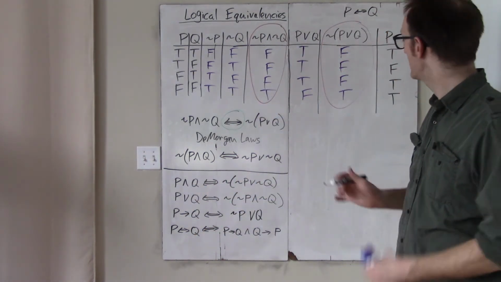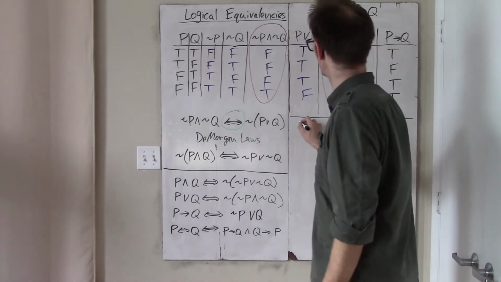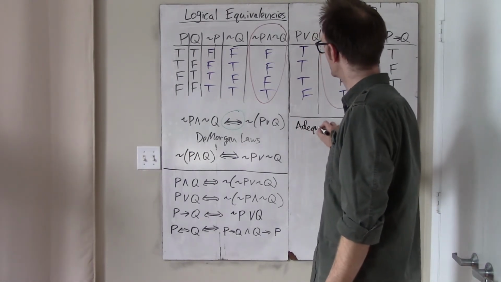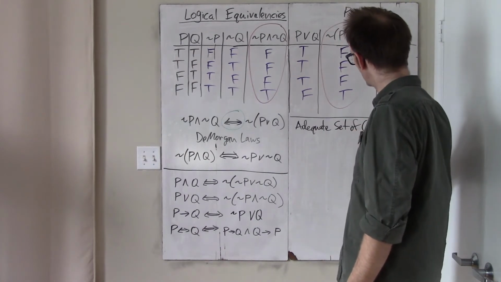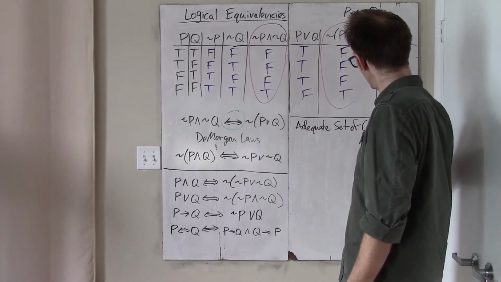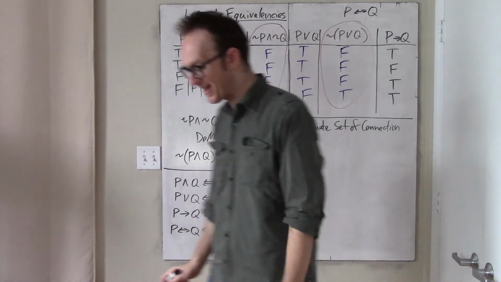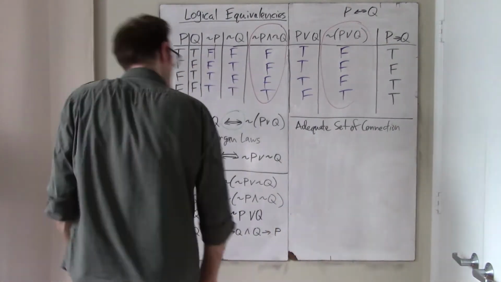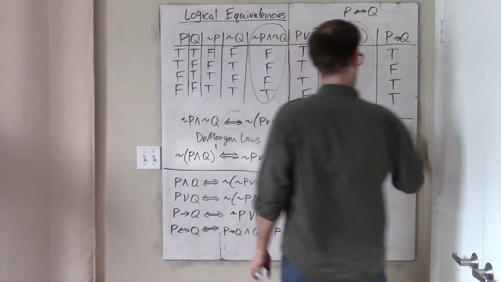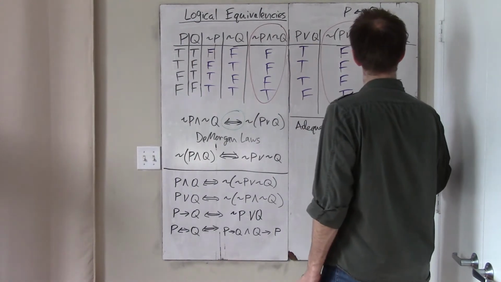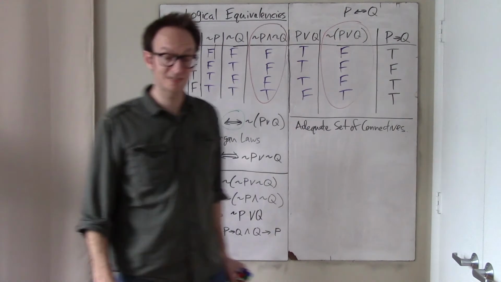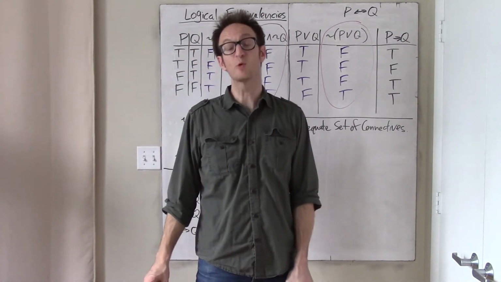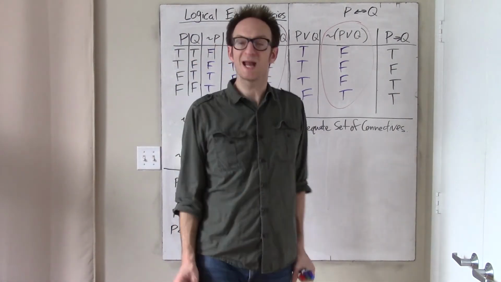Okay, and so I now introduce you to what's called an adequate set of connectives. This is a metalogical idea that there is a certain set of connectives through which we can express anything we need to.